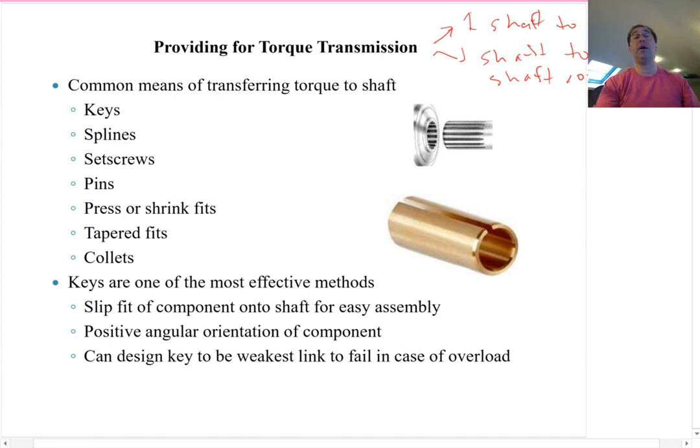Sometimes the shaft is transmitting the torque to the component, and sometimes, like in the case of a turbine, the component is transferring the torque to the shaft. There's several common means of doing this.